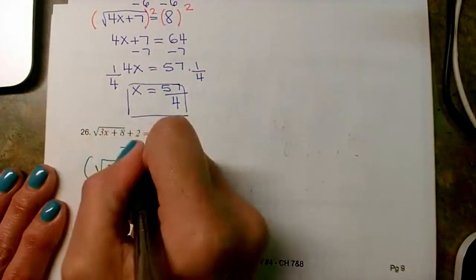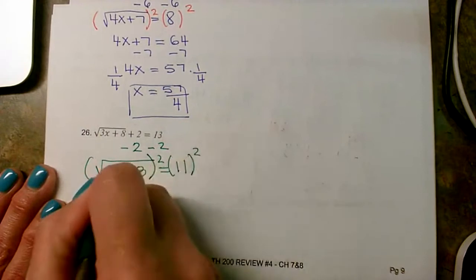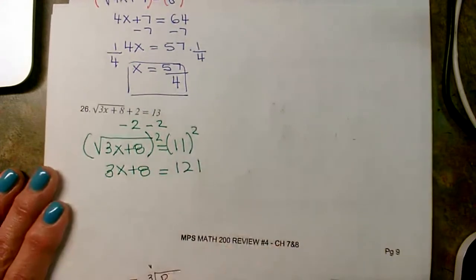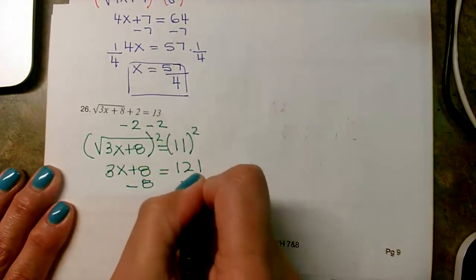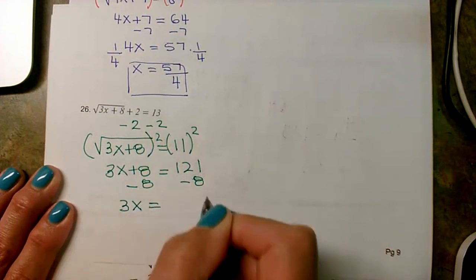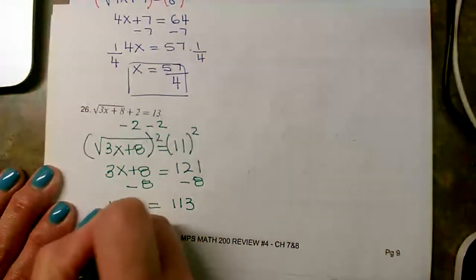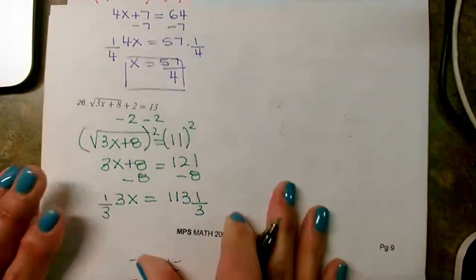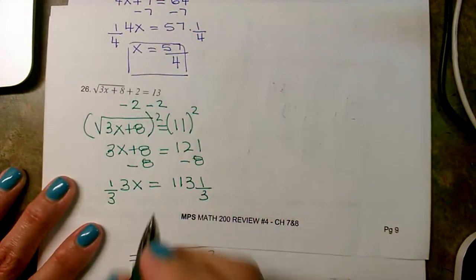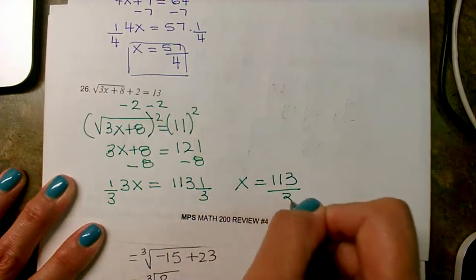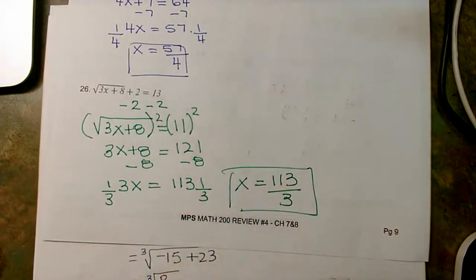Now we're going to square this. 11 times 11 is 121. We're going to subtract 8. 113. Multiply by the reciprocal. And our answer is going to be x is equal to 113 divided by 3. Remember, no decimals, okay? We want the fractions.